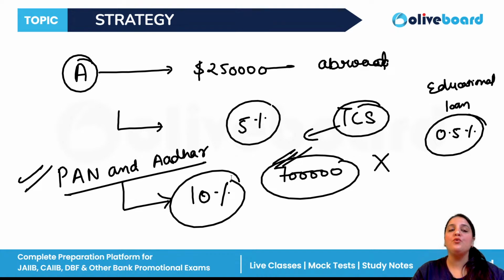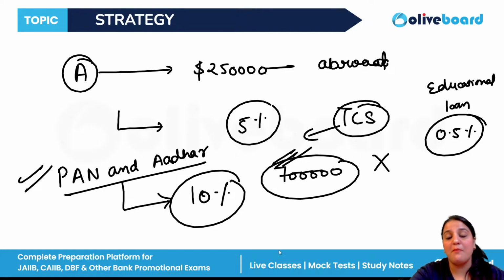But you can't do gambling, you can't play lottery, you can't purchase any type of banned items, and you can't make any type of crypto purchase. So this is the little overview about the LRS.